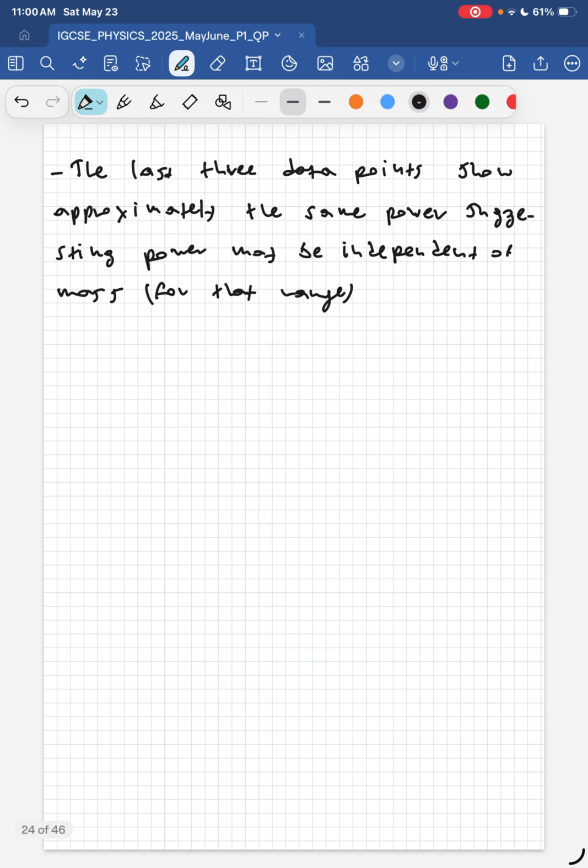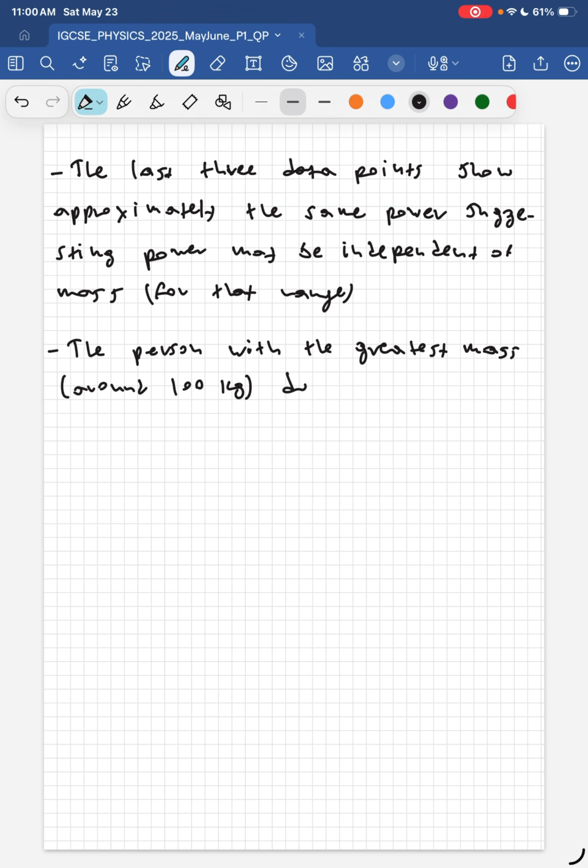And then we can also write that the person with the greatest mass, so around 100 kilograms, does not produce the greatest power.